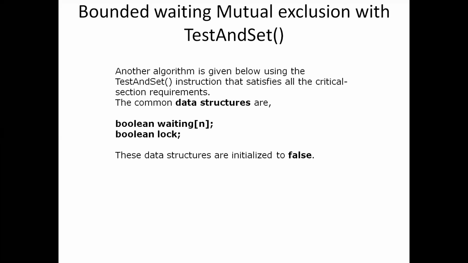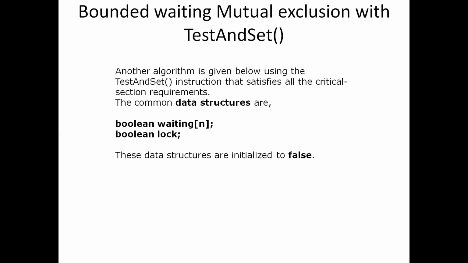If process 2 is wishing to enter into the critical section, waiting of 2 will be set to true. Initially all these data structures are initialized with false. That means waiting of 0, waiting of 2, waiting of 3 and so on, up to the number of processes in the system, are initialized to false.